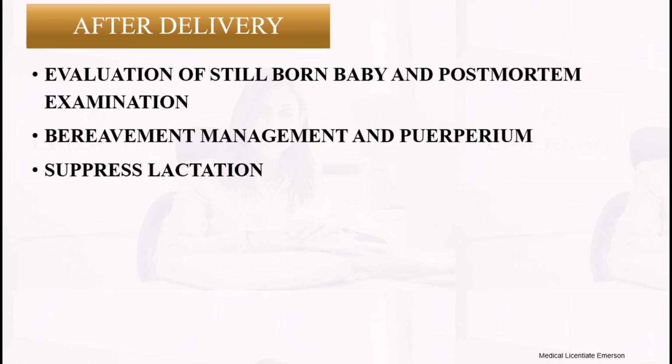Dopamine agonists should not be given to women with hypertension or preeclampsia. Of course, estrogens should not be used to suppress lactation. After delivery you have to engage them in contraception. Then follow-up should be done, so you have to schedule a visit to the clinic.